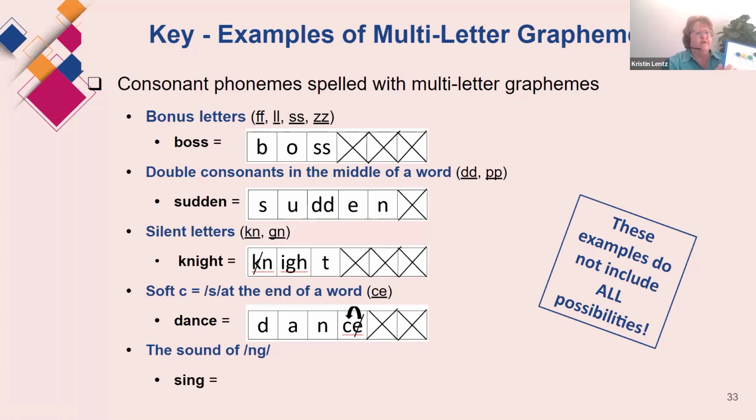Similar to what I did for the ING in sing. So I would put dance and then I would box it again. That way you're still following or making the connection to the program. But if you listen to how the word is pronounced, you can hear both of those letters.